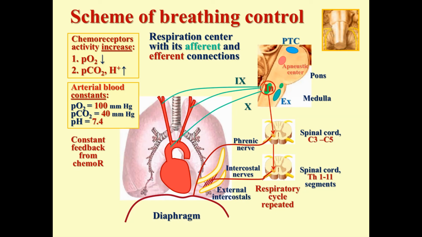And so under normal conditions, the impulses sent constantly from chemoreceptors to the respiratory center are unchanged and not involved in regular changes of the respiratory cycle phases, inspiration and expiration. Just in case of hypoxia, hypercapnia and acidosis, which for the arterial blood occurs only in pathological cases.